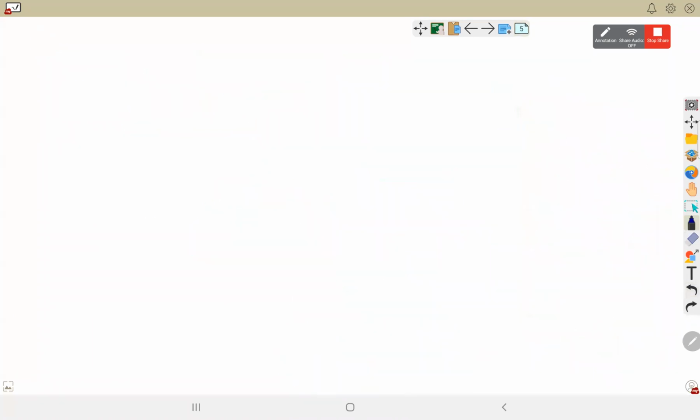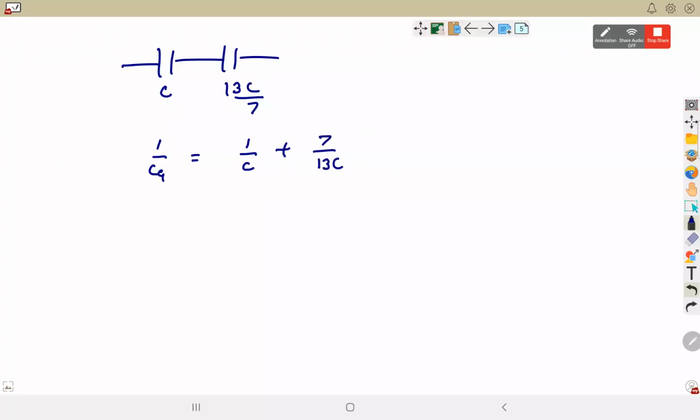13C. You are making the same mistake. You are not taking the inverse. Bharat, when you apply it, take the inverse. That's why I told you another formula.